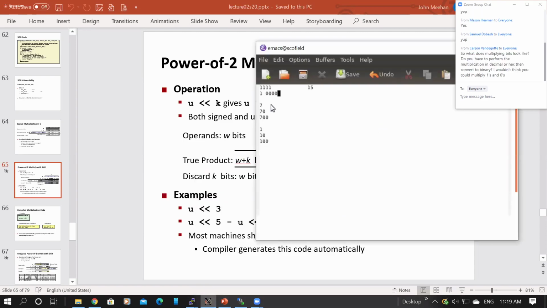Well, let's look at some stuff. If I had a decimal number, 7, and I shifted it left and put a 0 behind it, well, that multiplied it times the base of the number system. I multiplied it by 10. If I shifted it again, I multiplied it by 10 again, right? Well, it's the same thing in binary. If I have a 1 and I shift it left one position, that's 2 in binary, right?